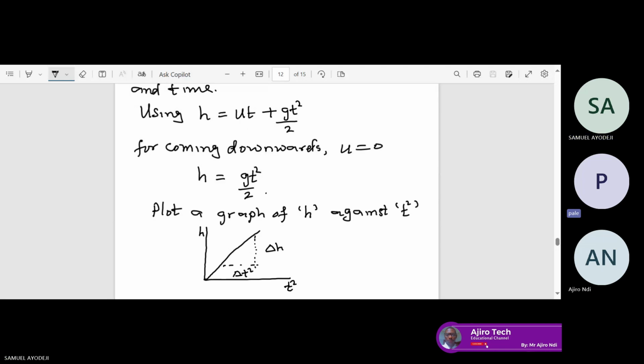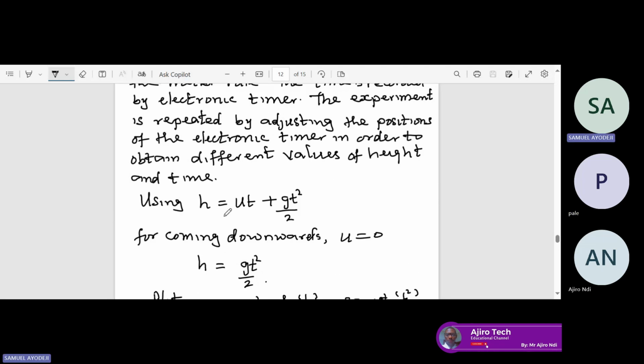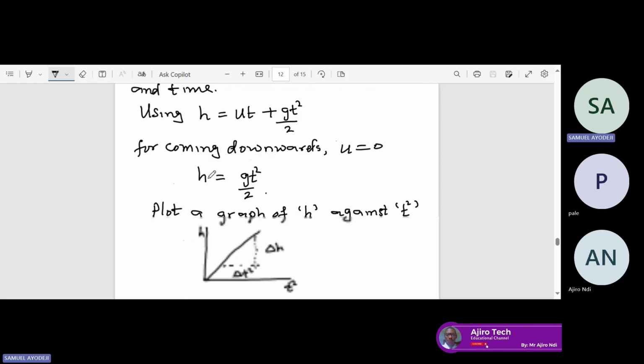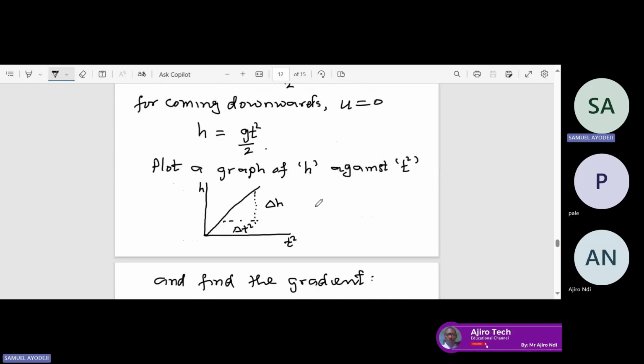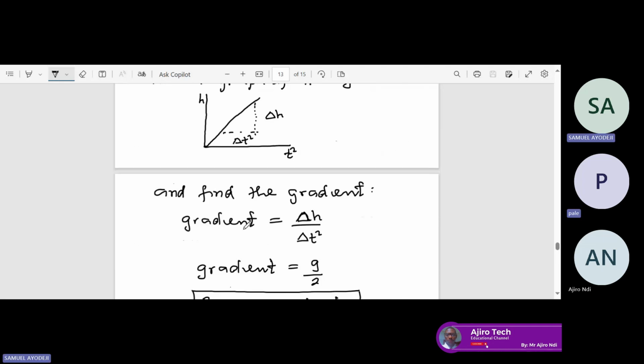Please explain that again. Just plot the graph. You have a set of values of H. You have done this 6 times, you get another one, and plot the graph. When you plot the graph, calculate the gradient of the graph. The gradient means delta H over delta T squared.